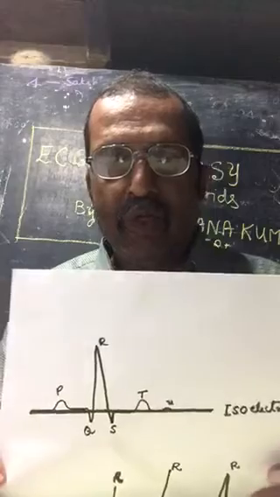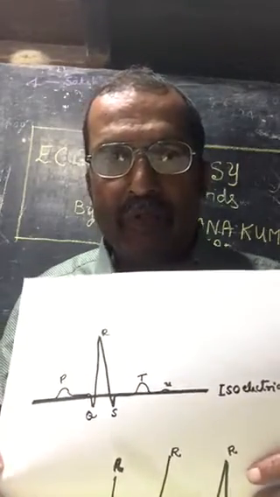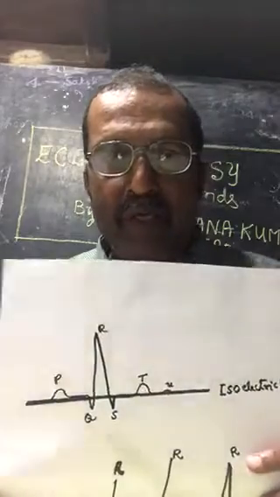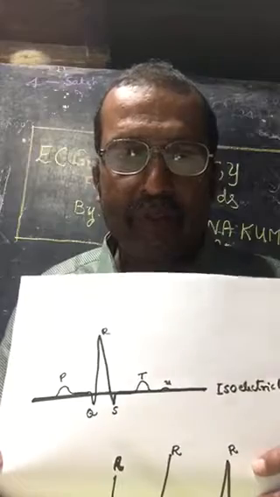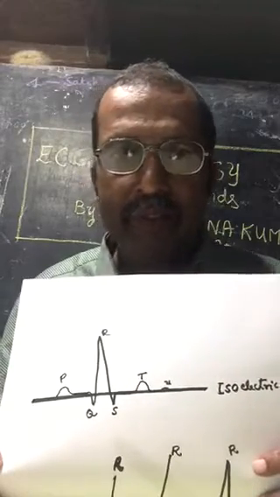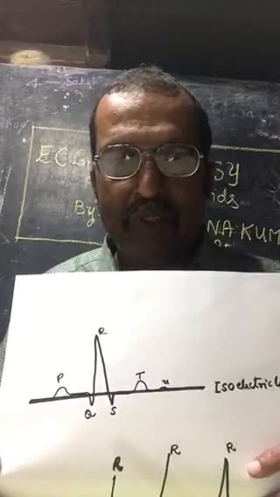You should know what the abnormality is. If you identify the abnormality and say this ECG is not normal, then it is more than sufficient in the interest of the patient.